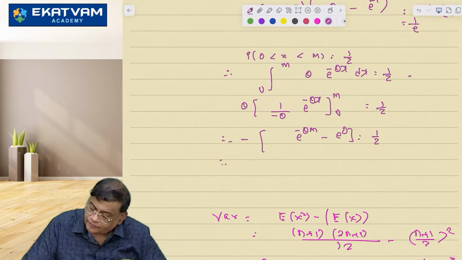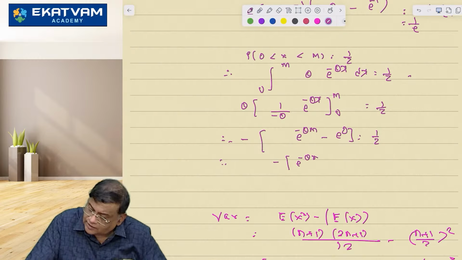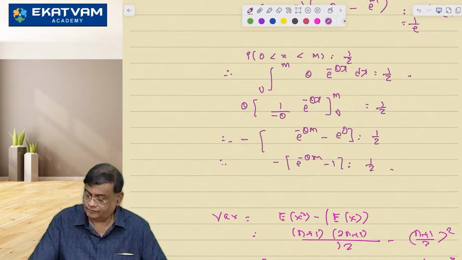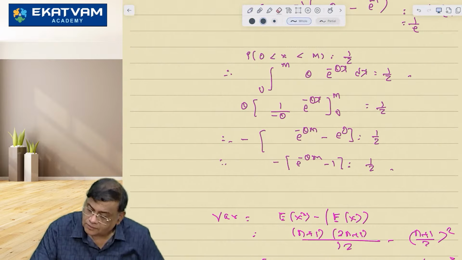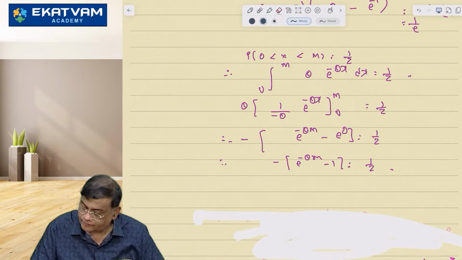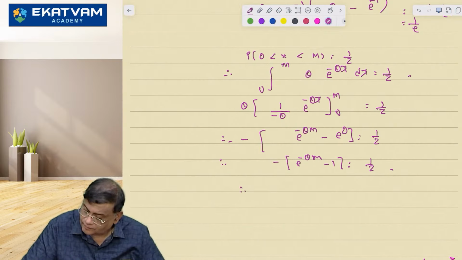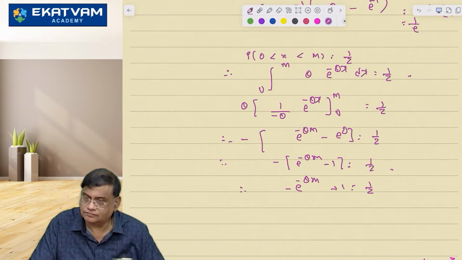Therefore, it will be minus e raised to minus theta m minus 1 is 1 by 2. Now therefore minus e raised to minus theta m plus 1 is half.